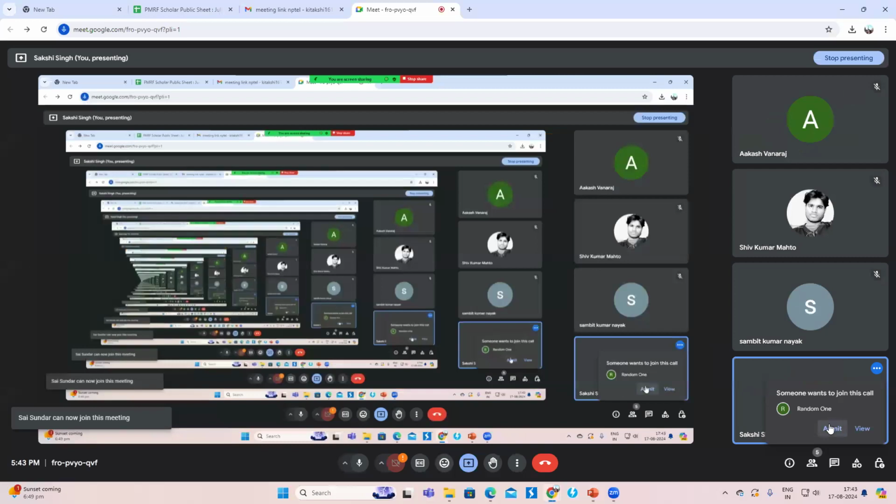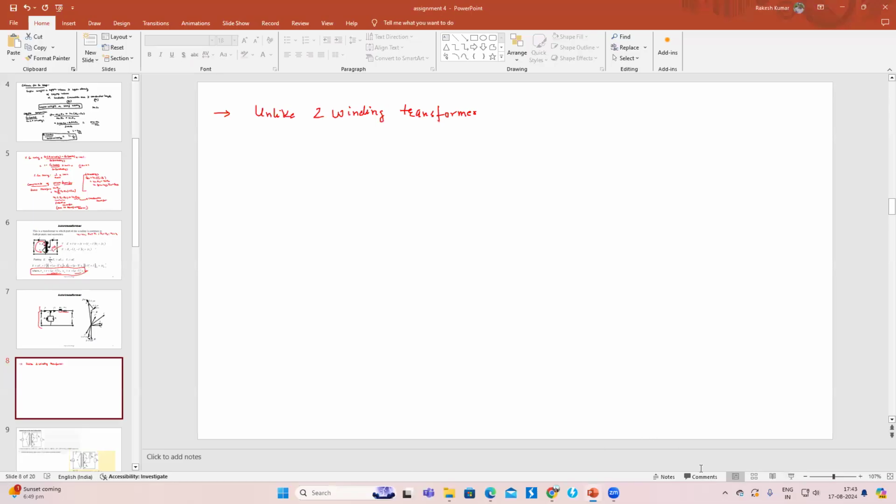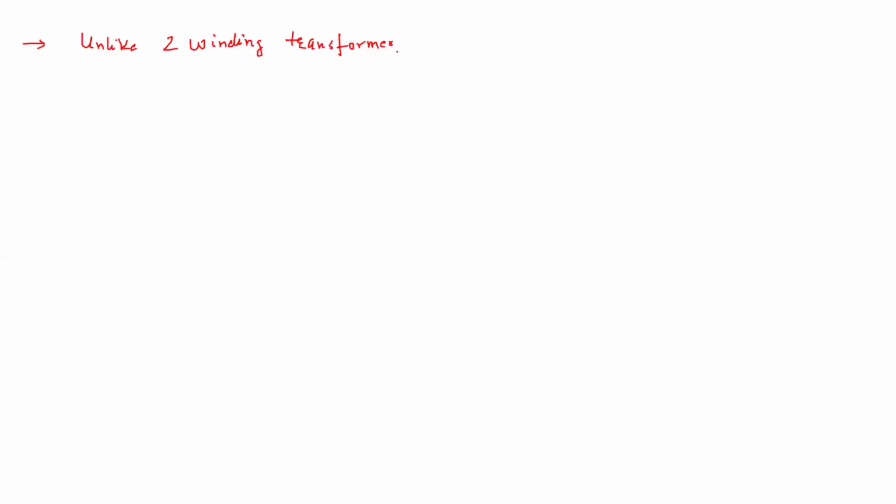So here, unlike the two winding transformer, where the power transfer is only inductive in nature.